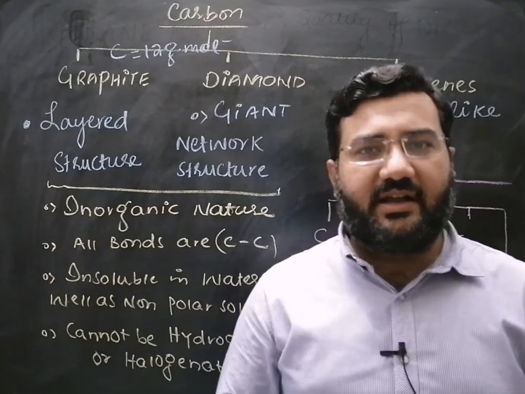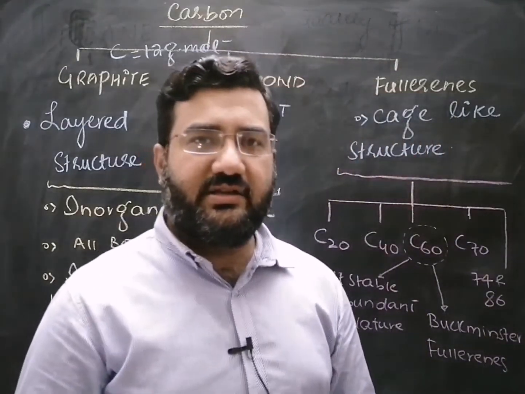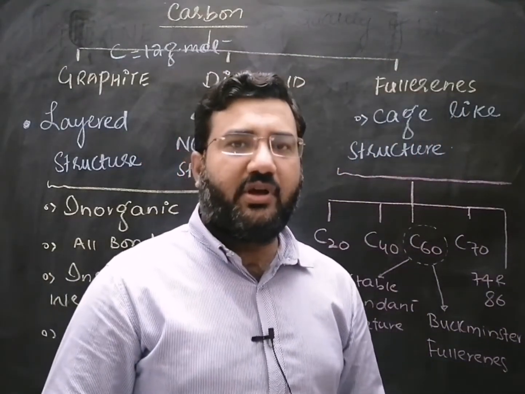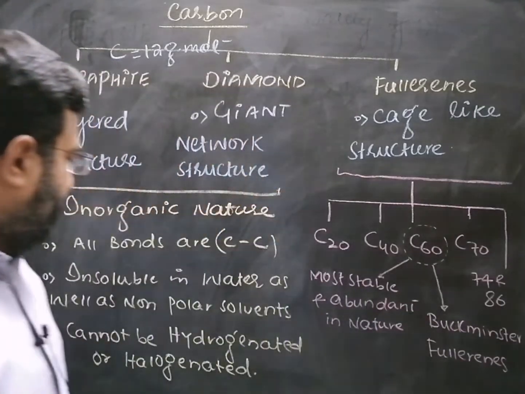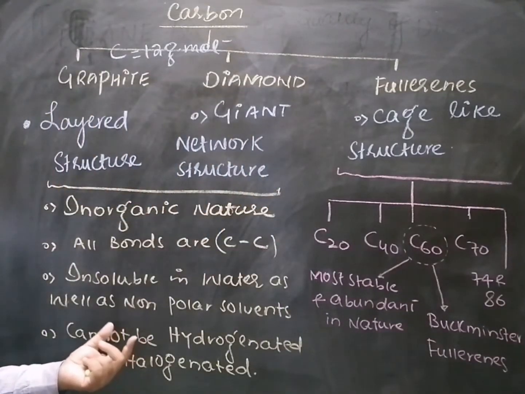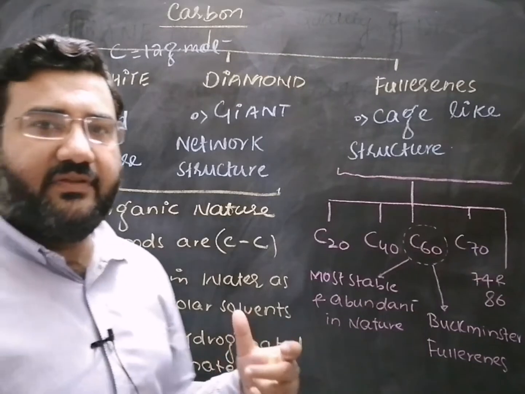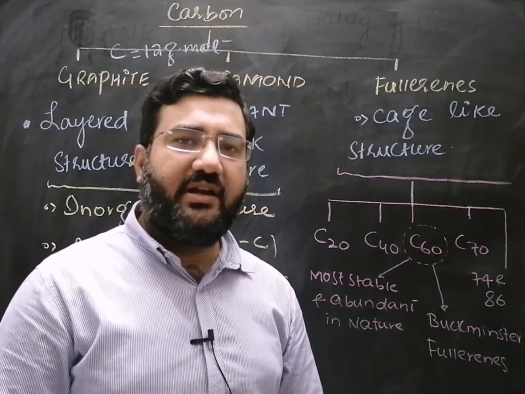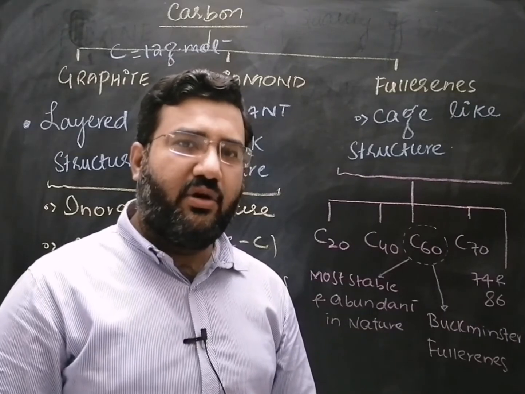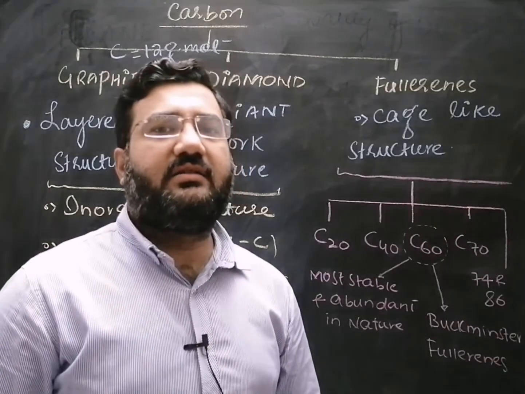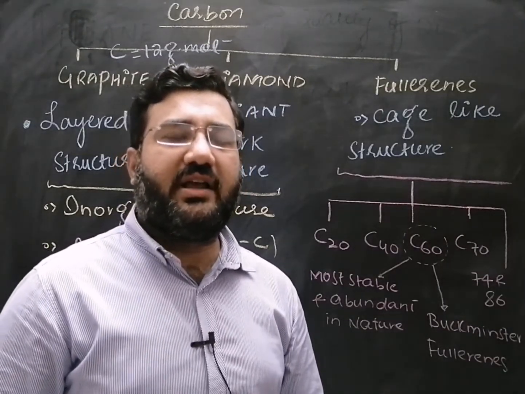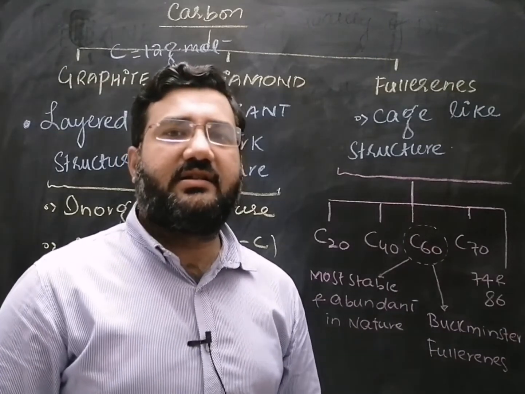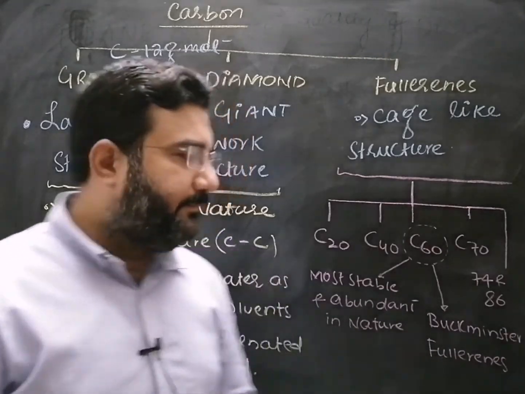But graphite and diamond do not show any addition reaction like organic compounds. And there is no concept of aromaticity in graphite and diamond. So because of these three reasons, their insolubility in organic solvents, non-aromaticity, and no hydrogenation and halogenation reactions, they are considered inorganic.